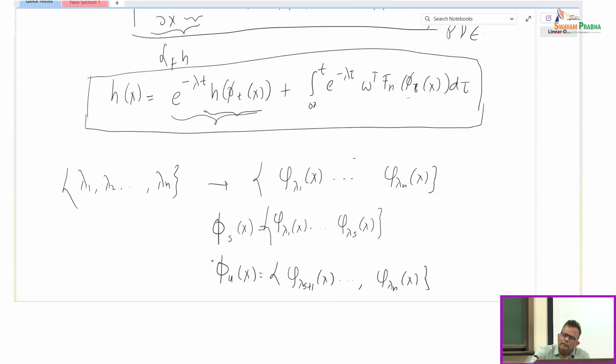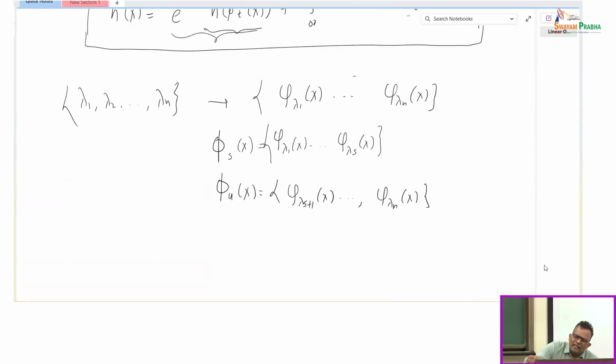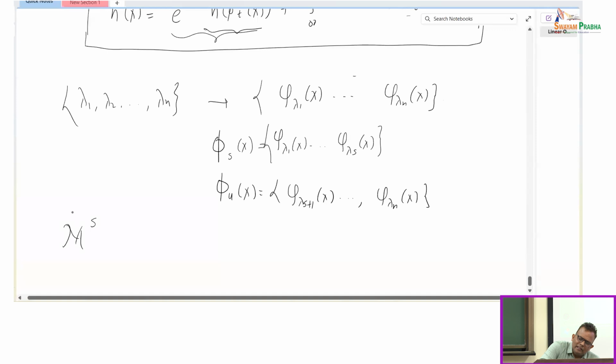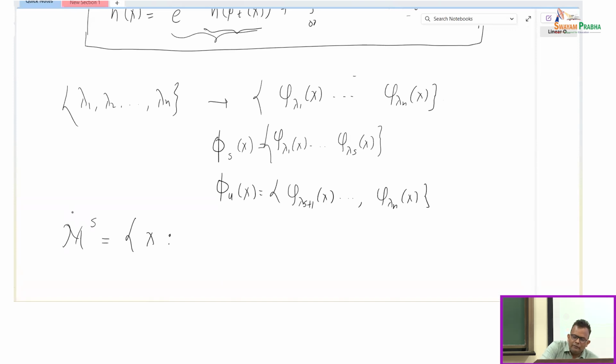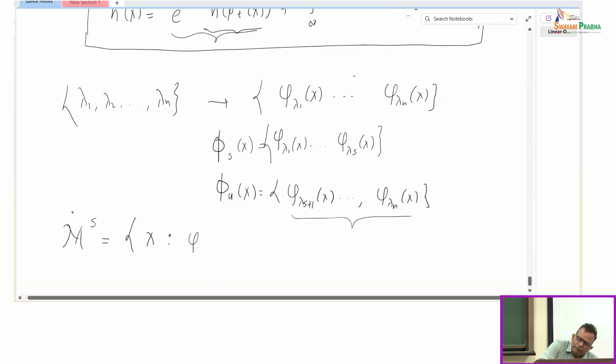Okay, so this is the partition one can do without loss of generality. And now you can ask, what is a stable manifold? M_s is my stable manifold. The stable manifold is the set of all points x such that, for the stable manifold, I'll pick the unstable eigenvalues: psi lambda s plus 1 of x equals psi lambda s plus 2 of x equals ... equals psi lambda n of x equals 0.